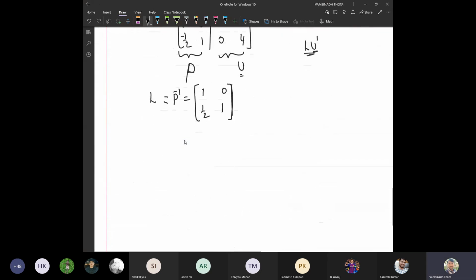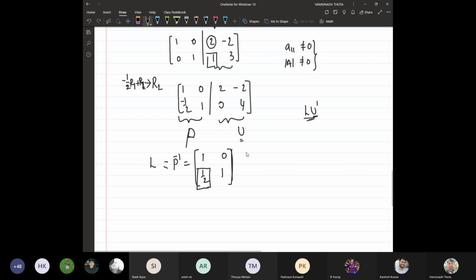Now the next thing. Here is actually a small guess. What is this 1 by 2 actually? If you look at the elementary row operations, we have multiplied R1 to make this entry 0.